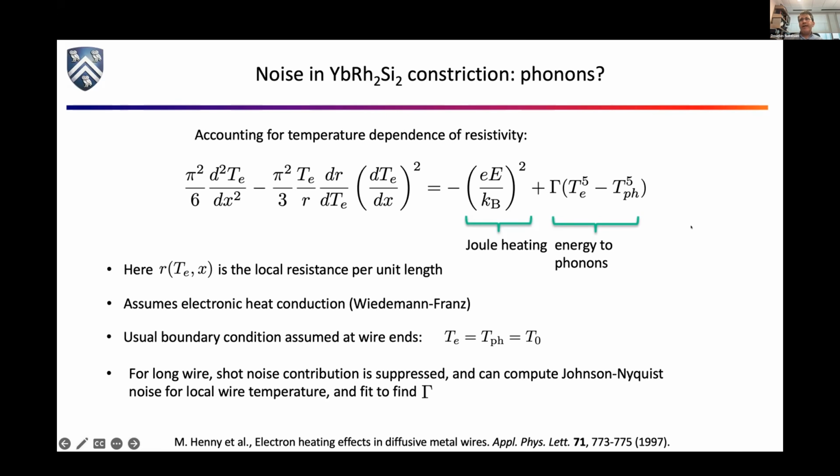Now, the intermediate situation is a little trickier, right? There are various derivations of the noise that keep track of the flow of energy between the carriers.